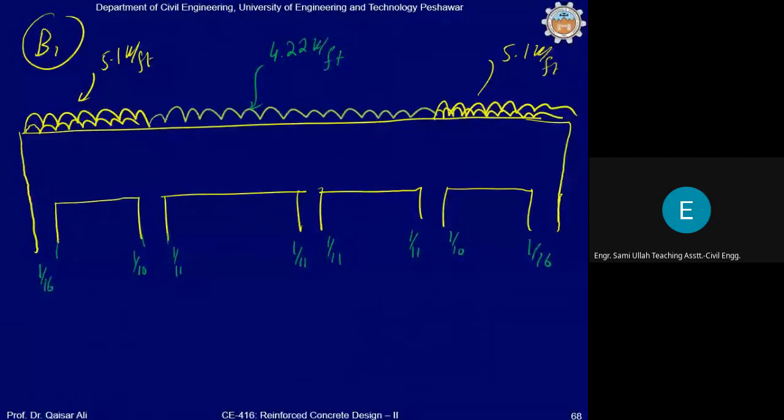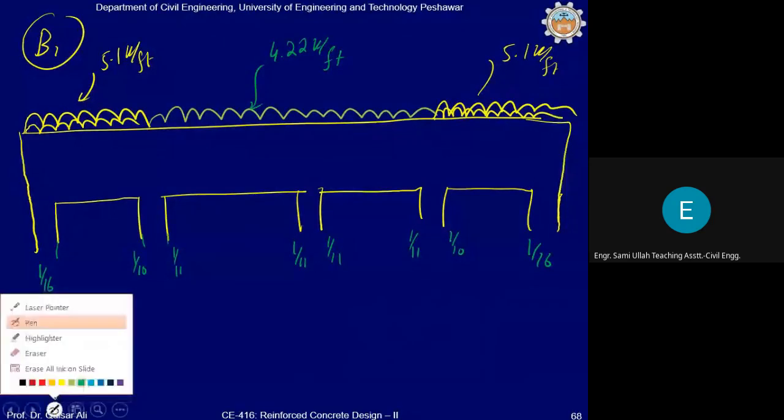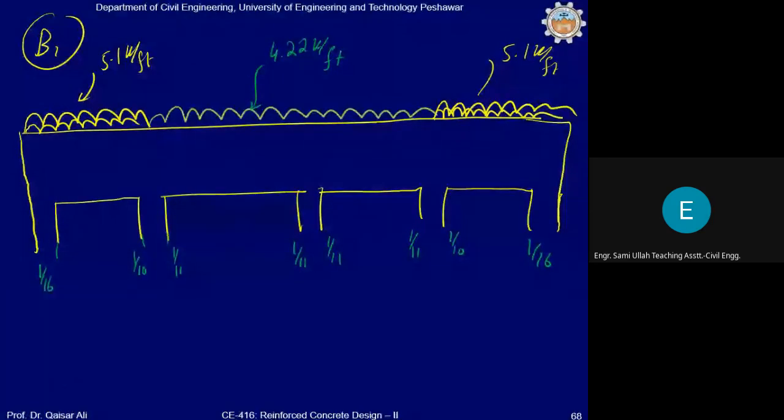Similarly, positive moment coefficients for exterior span it is 1 over 14, for interior it is 1 over 16, 1 over 16, and 1 over 14. And you know that the clear span length is 23.83. All these clear span lengths are equal to 23.83.